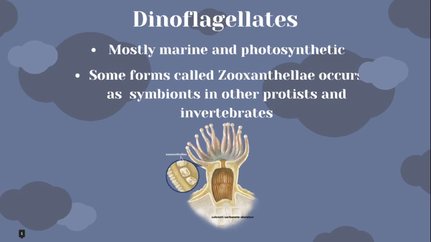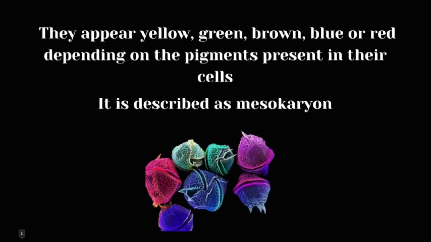The next division, dinoflagellates. They are mostly marine and photosynthetic. Some forms, which are called zooxanthellae, occur as symbionts in other protists and invertebrates. Mostly they are colorful, appearing yellow, green, brown, blue or red depending upon the pigments present in their cells.